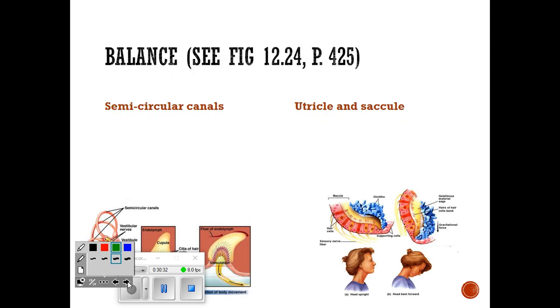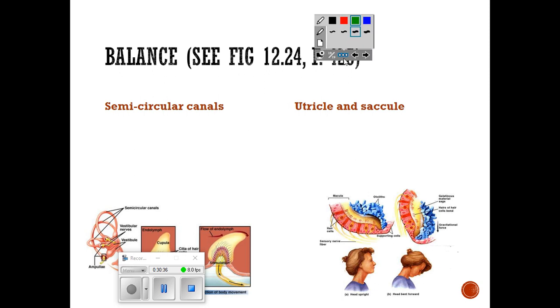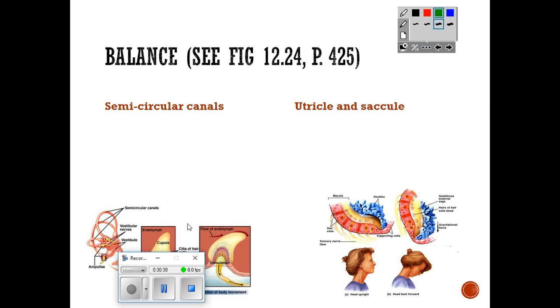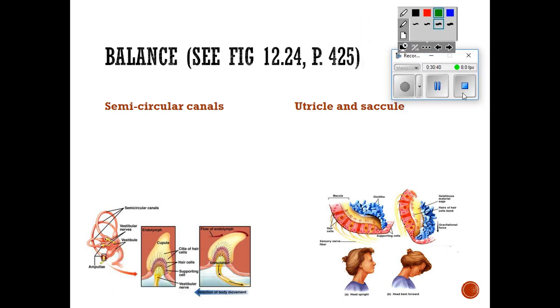So our last little piece is about balance. And there's a really similar diagram in your textbook if you want. It's not identical to this. But there are two sets of structures that are in your ear. On one side, you have the semicircular canals.